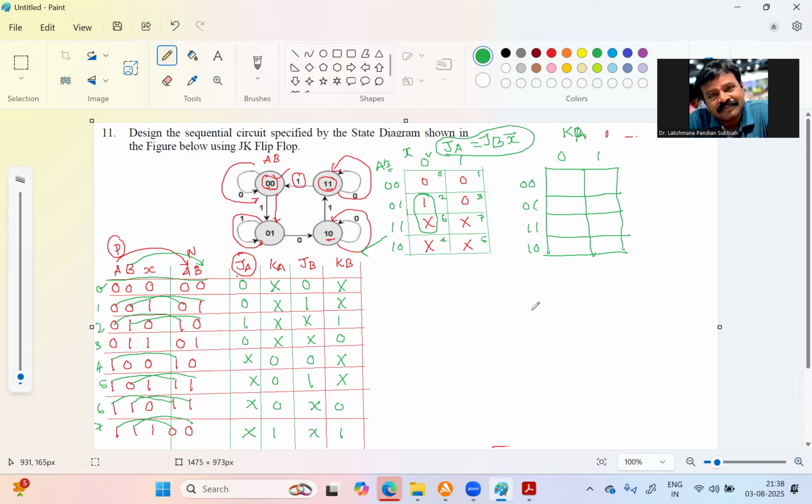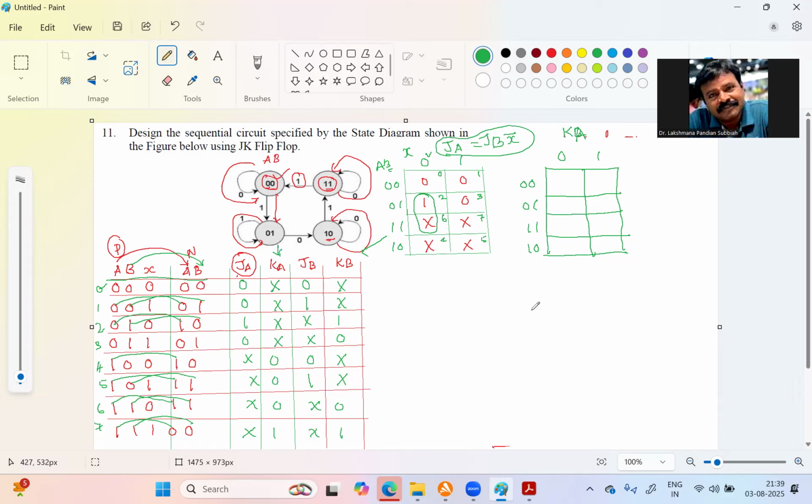So for KA, now we are going to calculate. Here we are giving Q as QB, and this is QA, so that is what we will consider. Next we are having KA, so KA is this one.